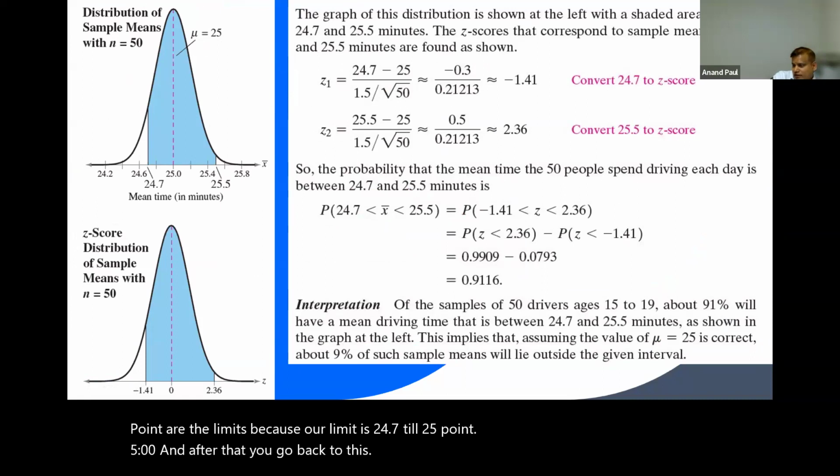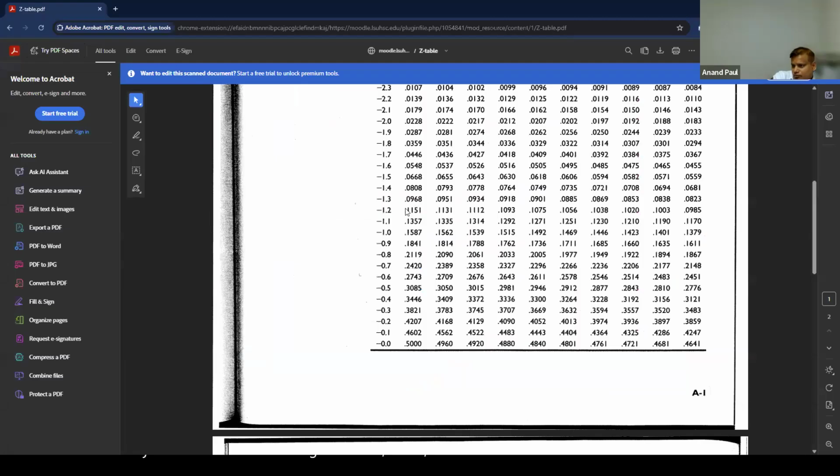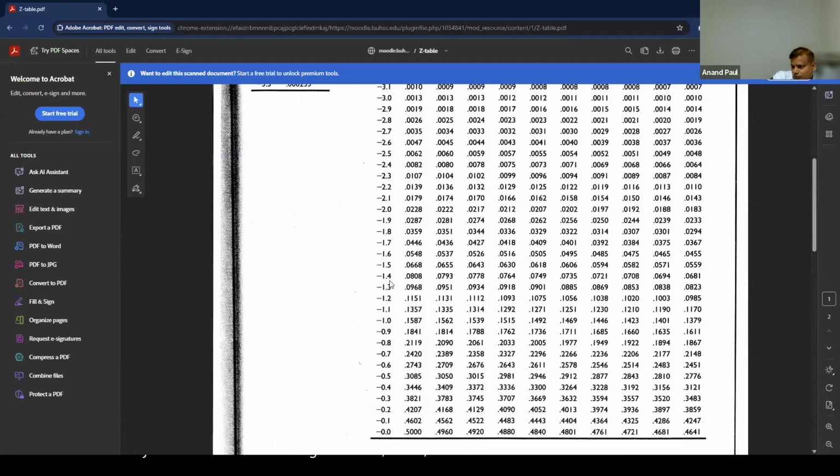After that, you go back to the Z table and look up their values, like for minus 1.41 and 2.36. Minus 1.41 is this one here, which is 0.0793.